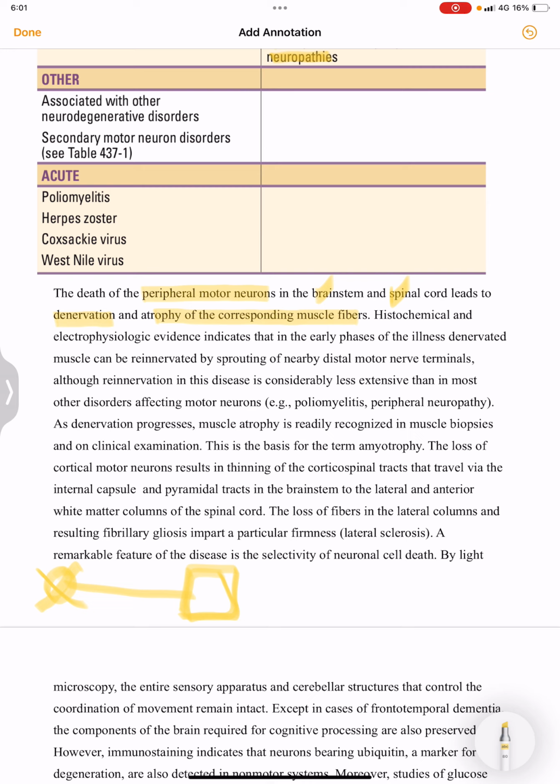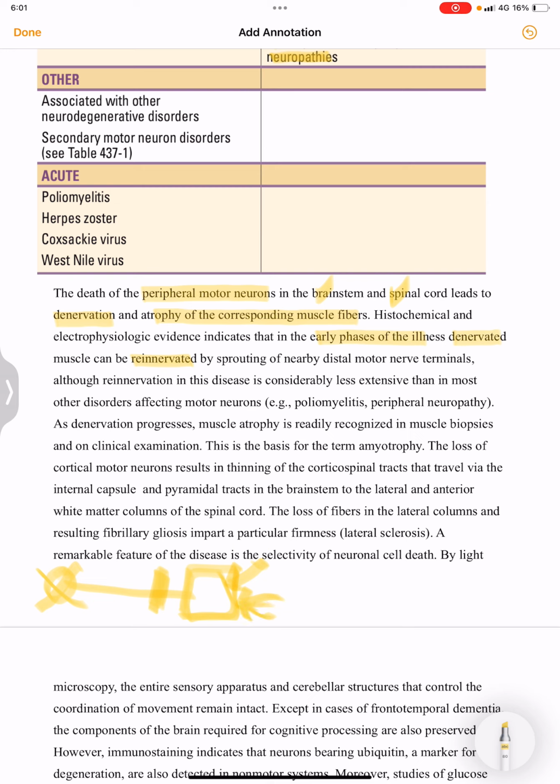You can see histochemical and electrophysiological evidence. In the early phases of the illness, the muscle which is denervated is re-innervated by sprouting from the nearby distal motor nerve terminals.